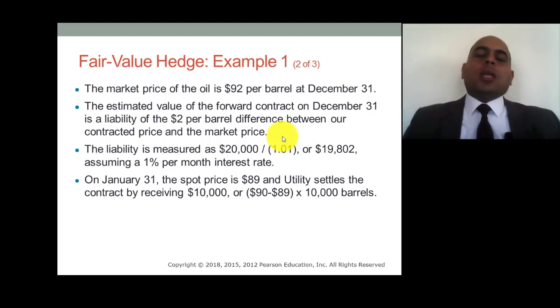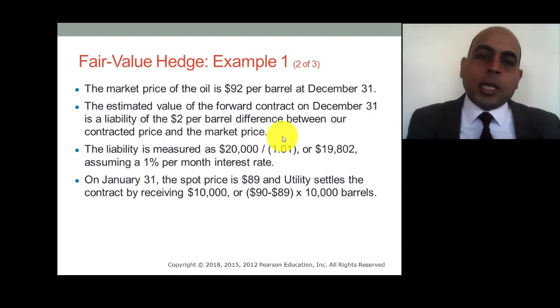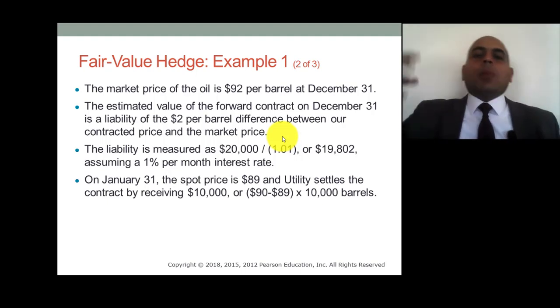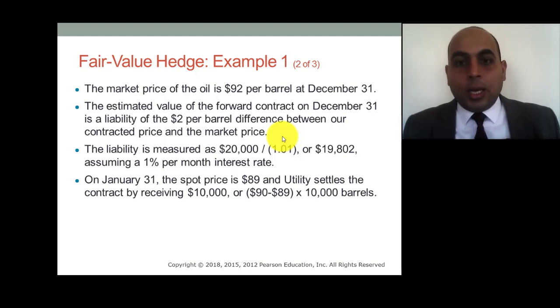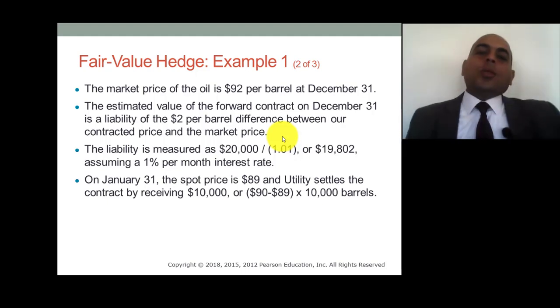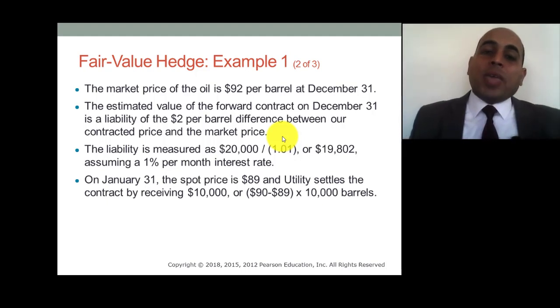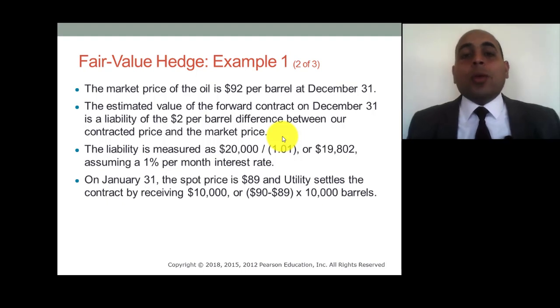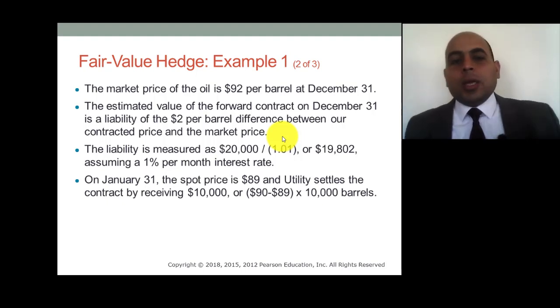So here on the date of preparing the financial statement, we will recognize the amount of loss because of entering into the forward contract, and we will recognize the amount of gain because we will reevaluate the inventory by the market price.